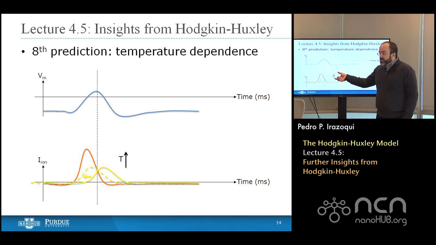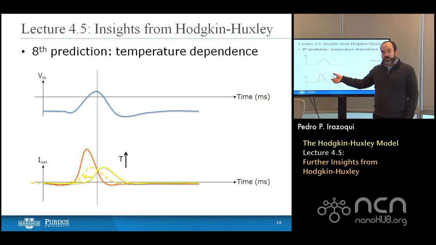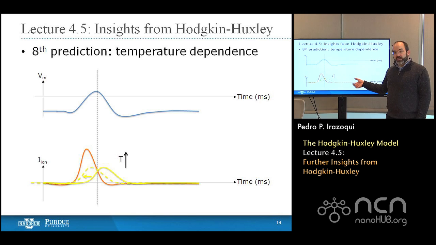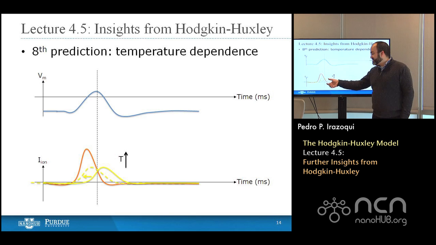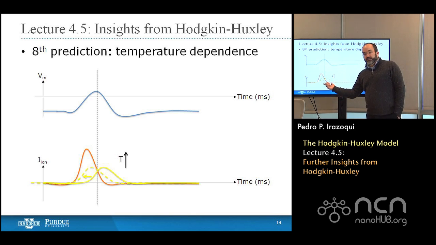What they found is that as you increase the temperature, and remember that the Nernst potential is temperature dependent, and the membrane potential is a function of the Nernst potential, and the ionic gating forces in the Hodgkin-Huxley equation are themselves functions of the membrane potential, which is a function of the Nernst potential. So as you increase the temperature, the delay of the delayed outward current decreases.